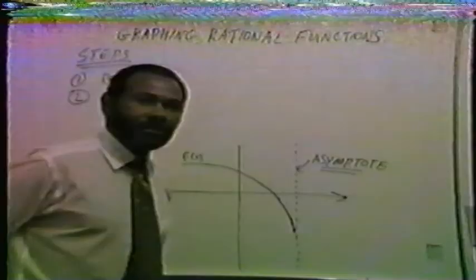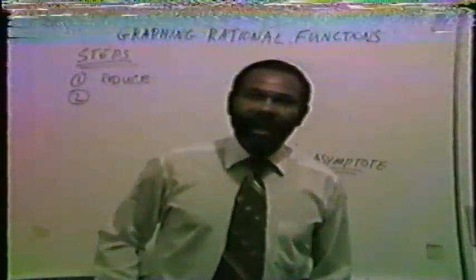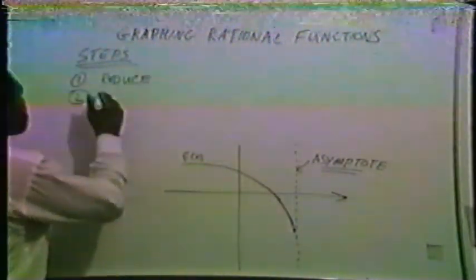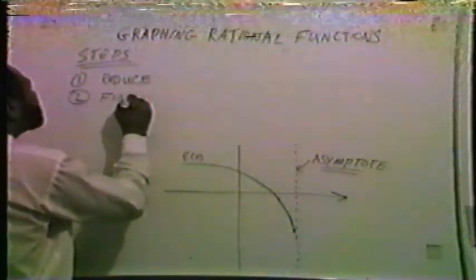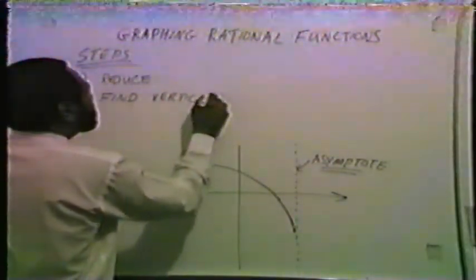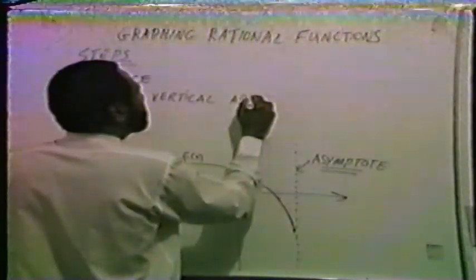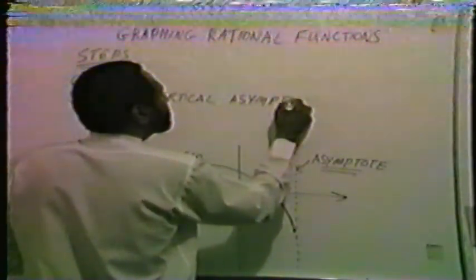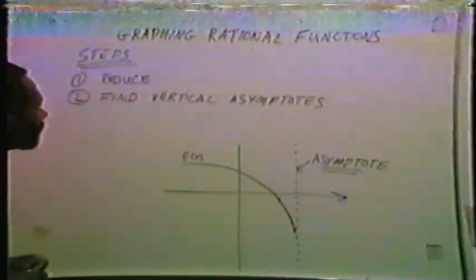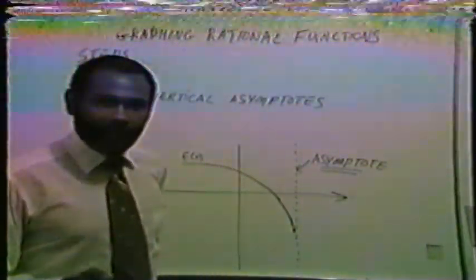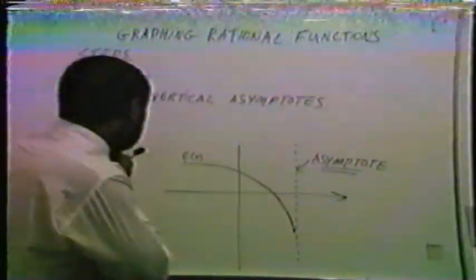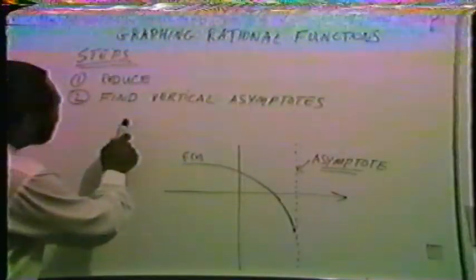All right, step number two. After you reduce the rational expression, you have to find the vertical asymptotes. Now for your vertical asymptotes, to find those, you look at your denominator. After the rational expression is reduced, let me mention this also.